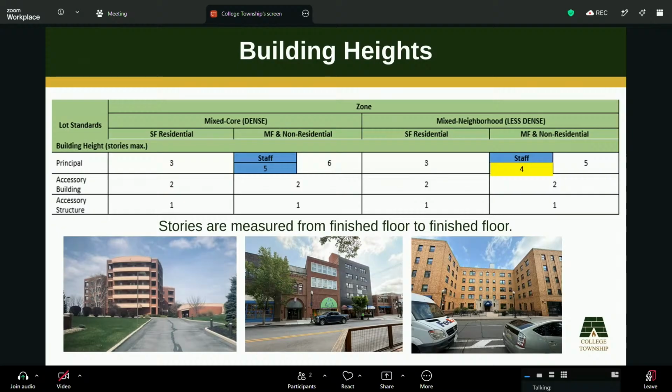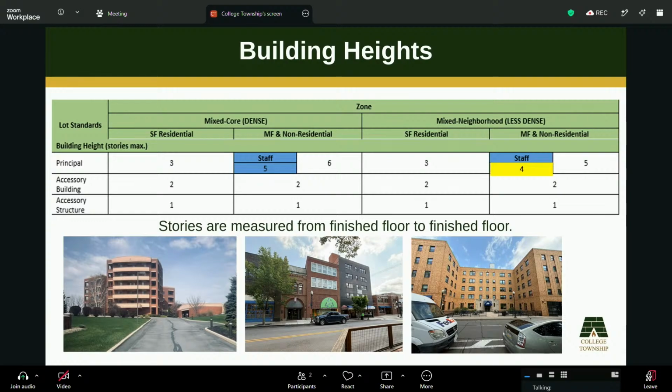Now we'll get into building heights. Mixed core, again, more density. Single-family residential, the recommendation for principal building is 3. The height recommendation for mixed-family non-residential, staff's recommendation, again through DPZ's recommendation, was 5.